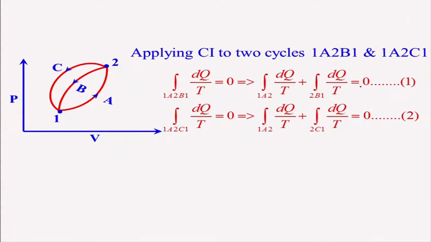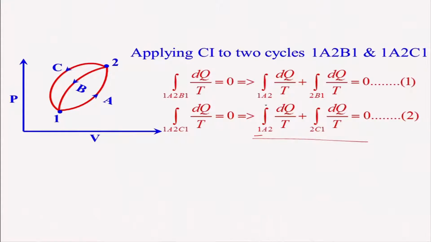And for the other cycle, 1 A 2 C 1, if we decompose the path, it is dq by T for the path 1 A 2 plus dq by T for path 2 C 1 is equal to 0. Now, if we subtract these, what will we get?